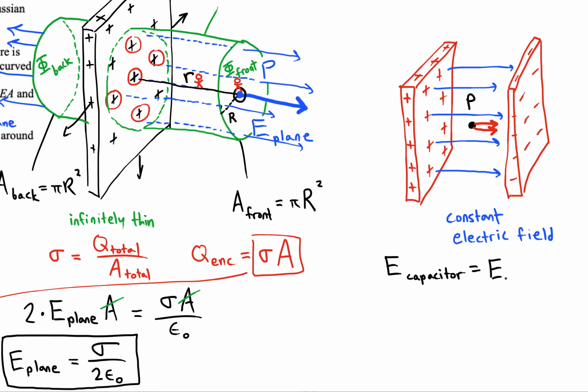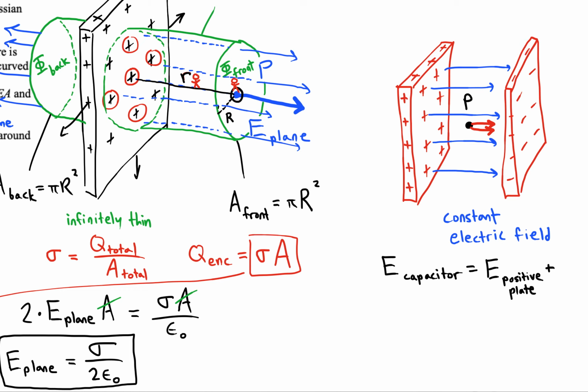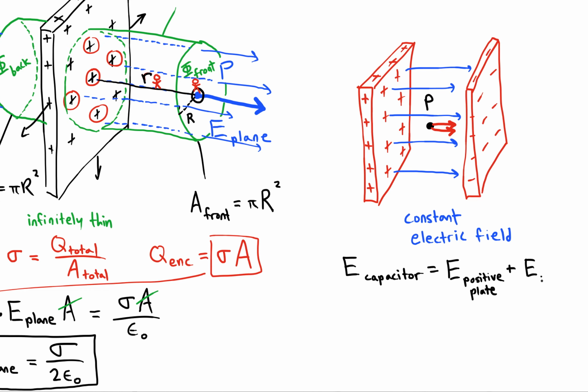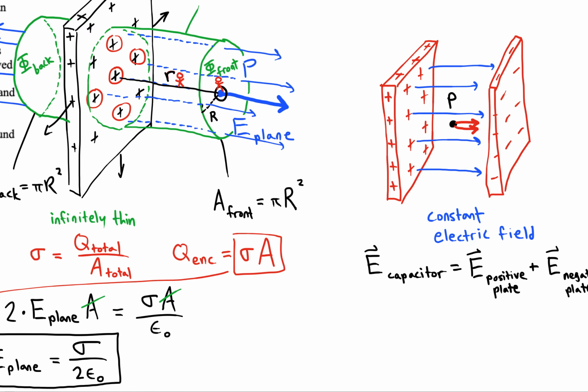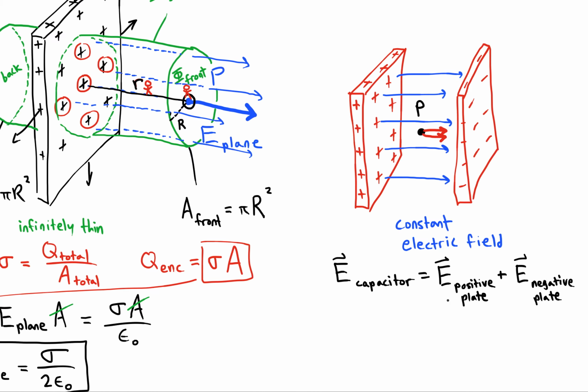There will be a field due to the positive plate and a field due to the negative plate. We want to add those two fields together as vectors.